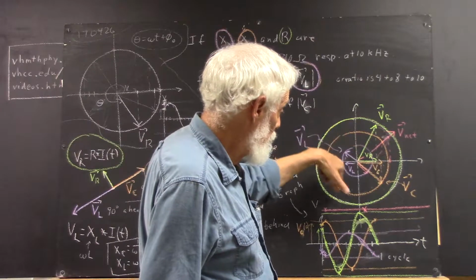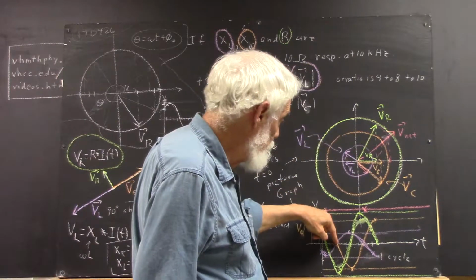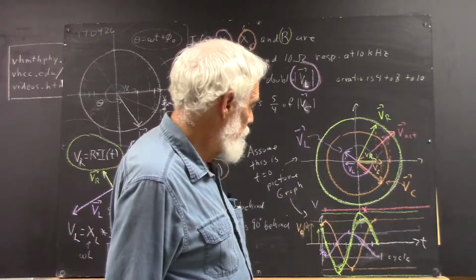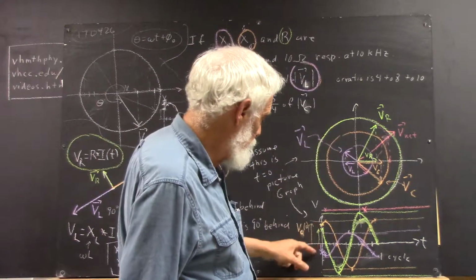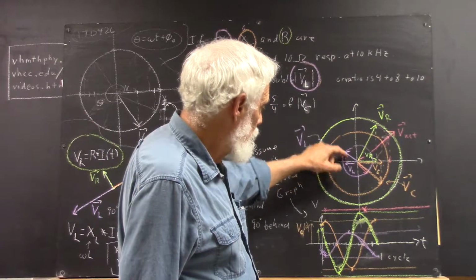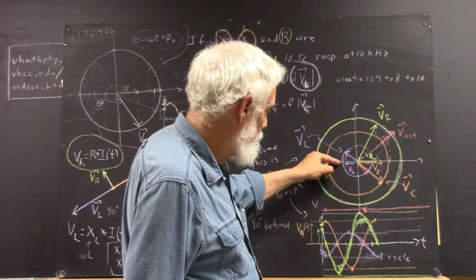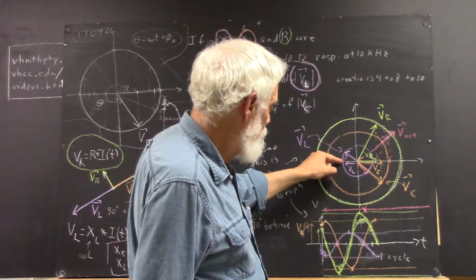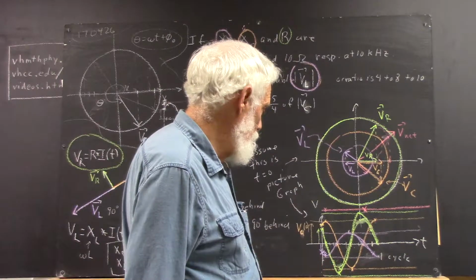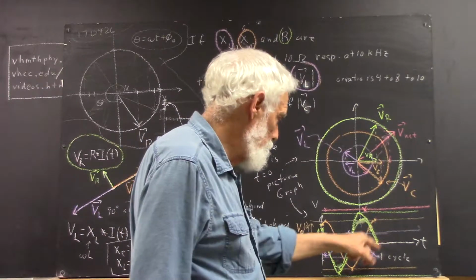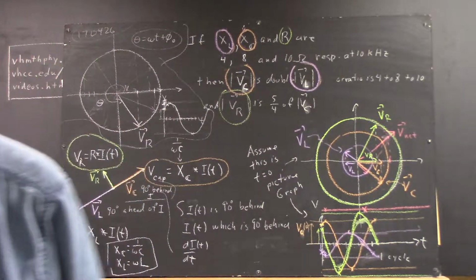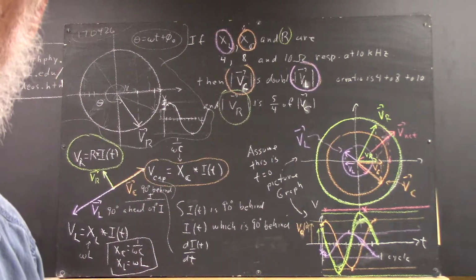And then as we go around, it's going to decrease back to 0 and then to a negative and then come back up. And V sub L, similarly, here's our V sub L vector. We draw a little V sub L vector there. That's where we start. We go a little further and we have our maximum negative V sub L, which means we're down here, and then we go through our cycle. And all these are out of phase. If you draw these carefully, you'll see those phase relationships.